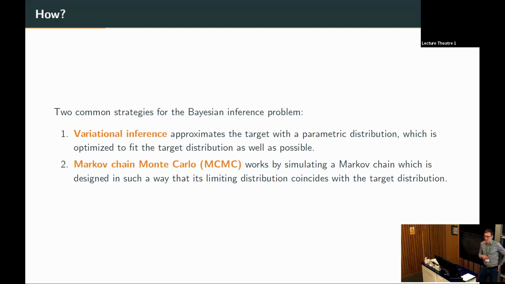Whereas in MCMC, we instead work by simulating some Markov chain, which is constructed in such a way that it admits this target distribution pi of x as a limiting distribution.